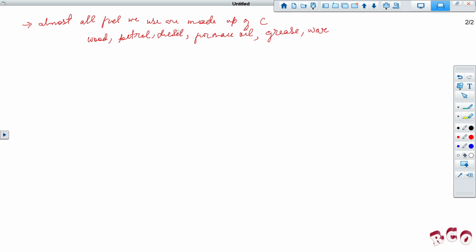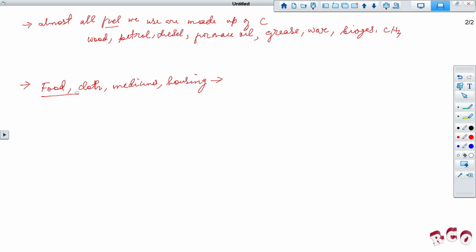Almost all the fuel that we use contains carbon, like biogas, biomass, and methane. And all the food that we eat also contains carbon, as do cloth, medicines, and the wood that we use for housing.